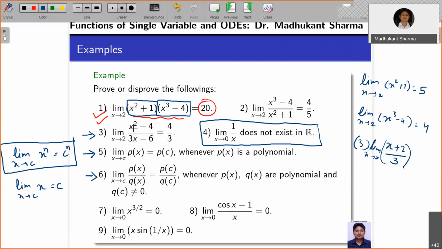You only have to worry about the points where the denominator vanishes. So identify the point where the denominator vanishes. If you look here, the denominator does vanish at x equals 2.